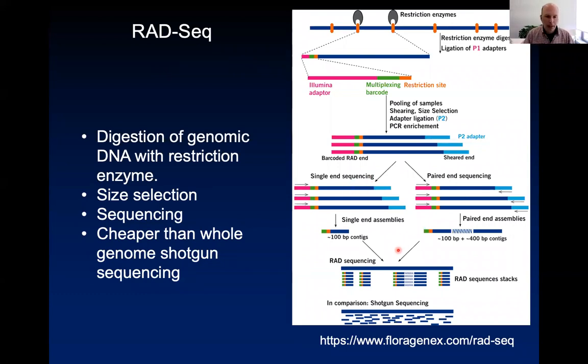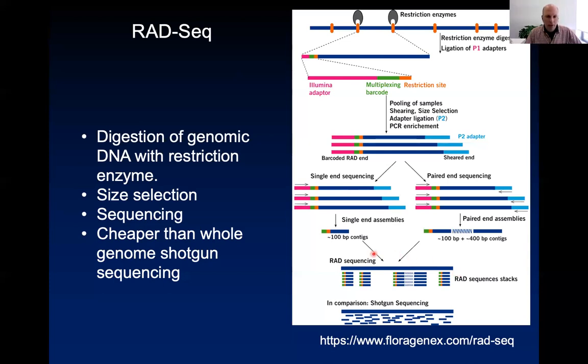Then those reads can be aligned to a reference genome, or they can be assembled de novo, but we align them to a reference genome. The reads tend to form stacks like this. In fact, there's a software for analyzing these data called Stacks. With these reads aligned to the reference genome, you can identify polymorphisms, single nucleotide polymorphisms.